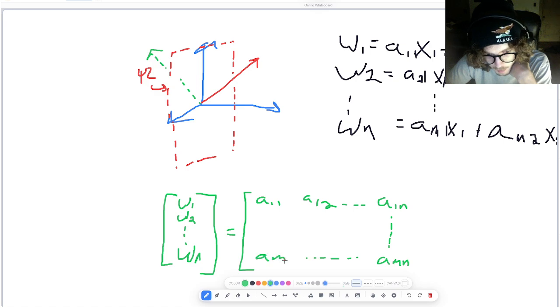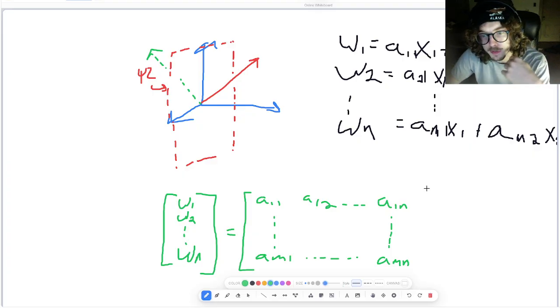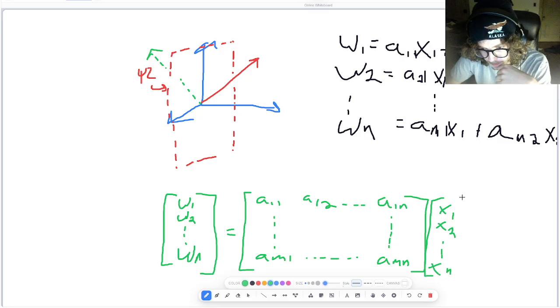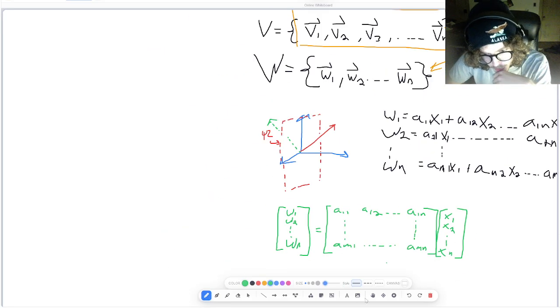Hopefully you can see the system here. I really don't feel like drawing that all out. Let's just pull out all the x values, x1, x2, dot dot dot, xn. So this is our linear system.